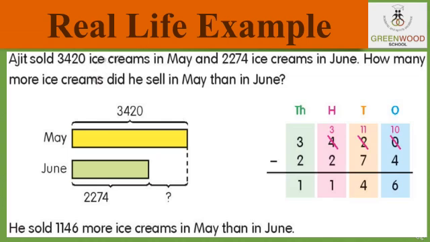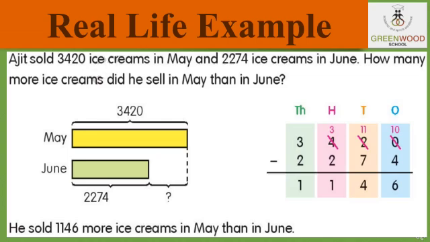Now we gave one number from 2, so there 2 will become 1. So now we need to subtract 1 and 7, which is again not possible. So we'll borrow a number from hundreds. So now 1 will become 11. So 11 minus 7 is equal to 4. Now in hundreds place, from 4 we gave one number to tens.